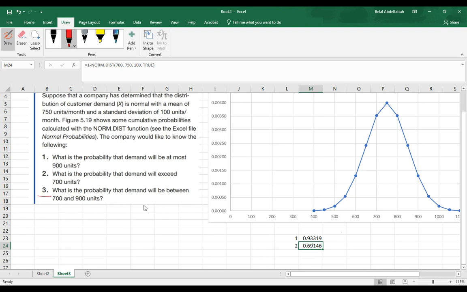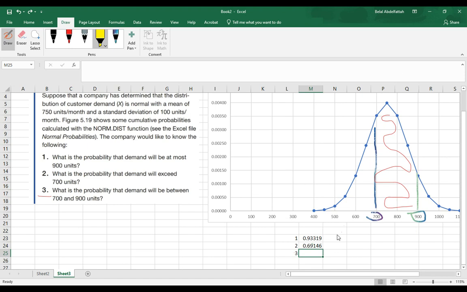Now, this last one that we have, number three, says, what is the probability that the demand will be between 700 units and 900 units? So we're dealing with 700 units and 900 units. And if we draw vertical lines on this curve, and I'll highlight the area that we're interested in red. So all of this right here. What is that probability? We're trying to figure that out.